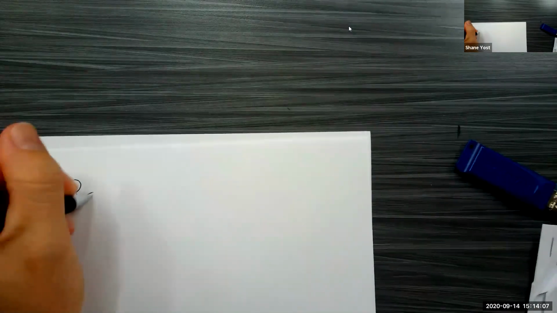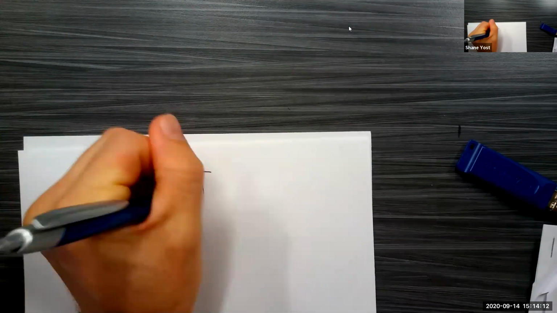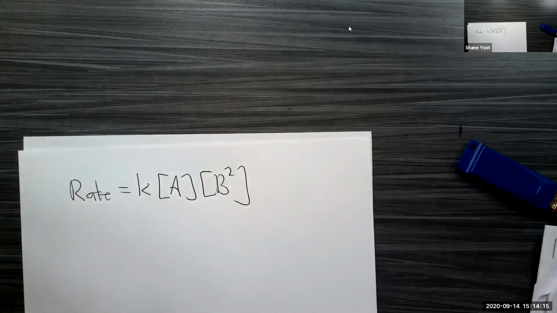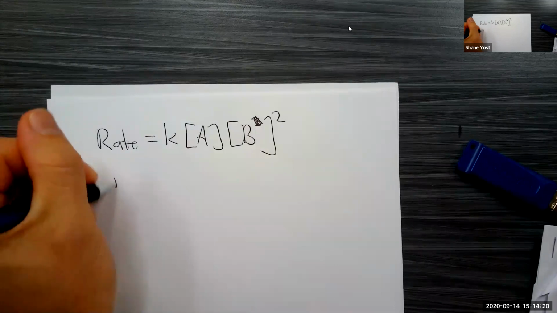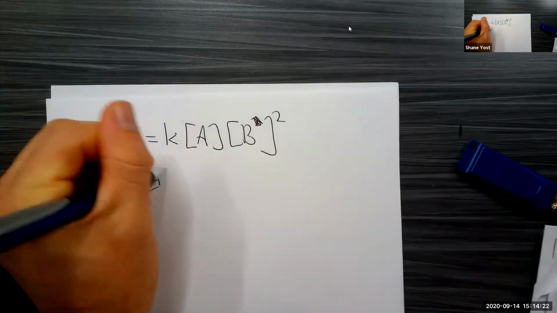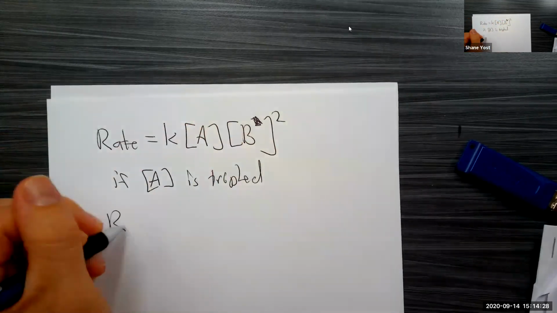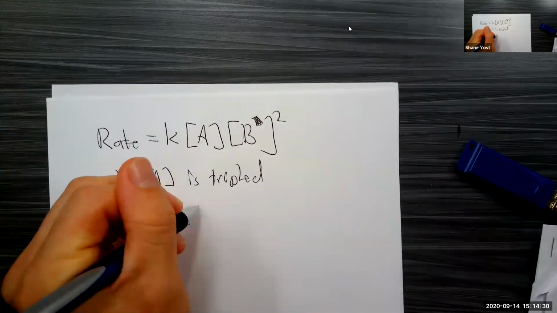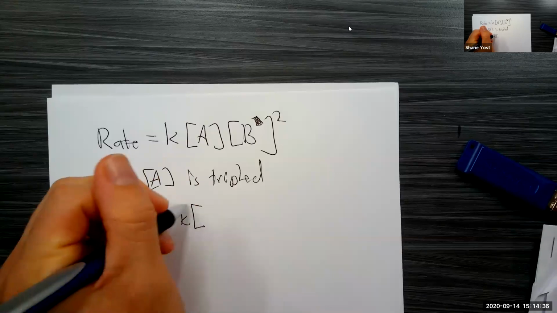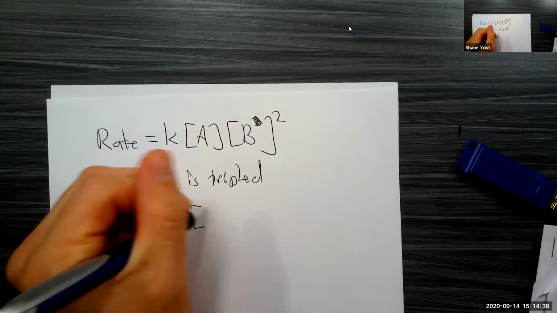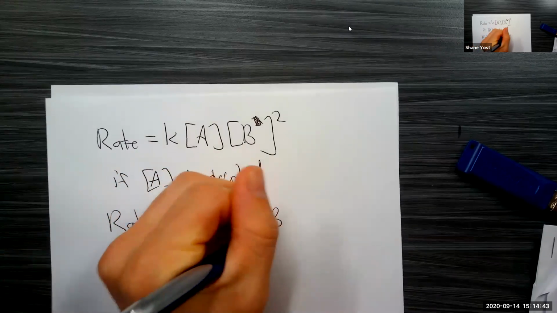My rate law is defined as rate = k[A][B] squared. Oh, sorry, the squared is on the outside here. So if the concentration of A is tripled, what that means is now my rate equals k times 3 times the concentration of A times B squared.